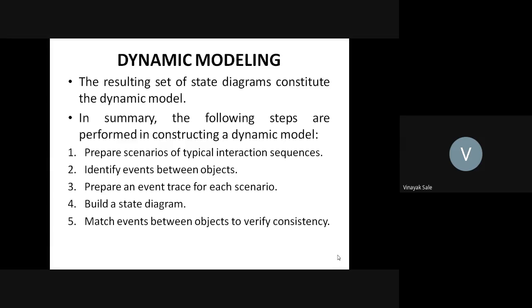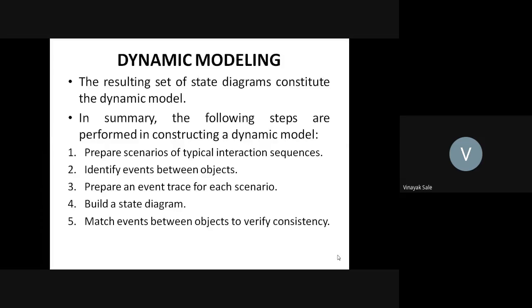Then prepare an event trace for each scenario. Then build a state diagram regarding this problem statement. Match the events between objects to verify the consistency. We will see each and every point in detail.